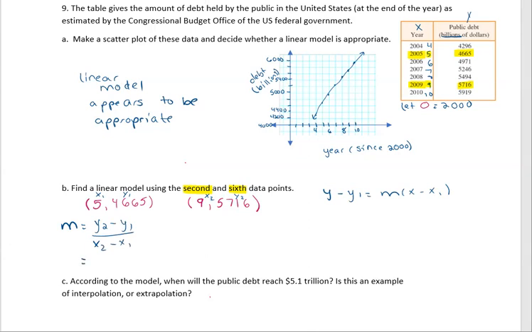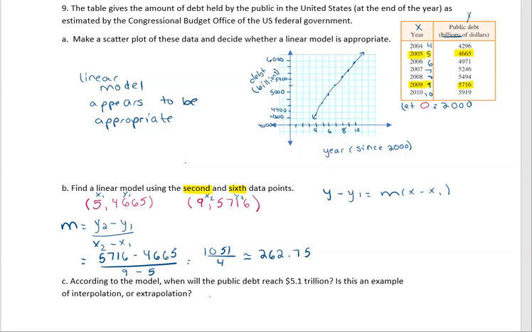So substituting in, y2 is 5,716, y1 is 4,665, and x2 is 9, and x1 is 5. So simplifying this down, we get 1,051 over 4, which is approximately equal to 262.75.